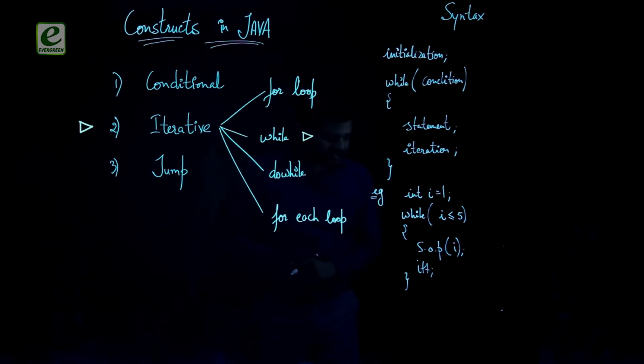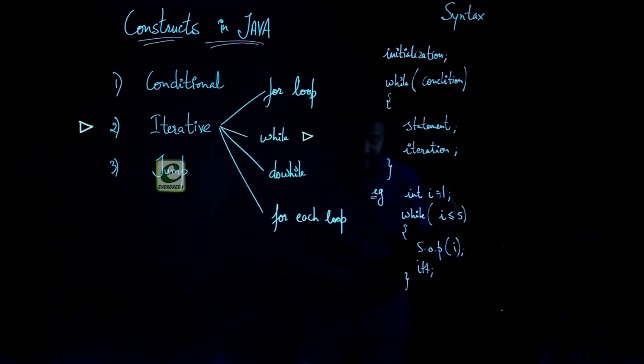So what will happen in this case? It will start from 1. Initialization will happen only once. So 1 is less than 5, true, and the output will be 1. i plus plus means 1 will now be converted to 2.